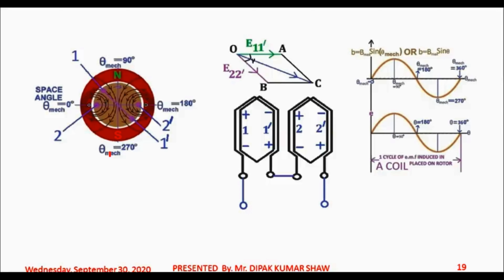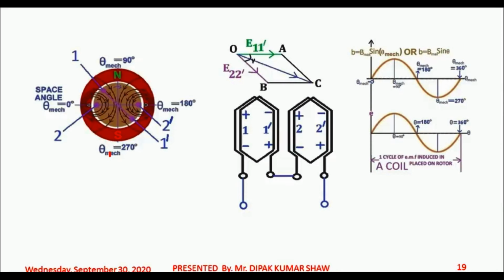So we say that the positive peak of the induced EMF for coil 1 dash and 2 dash are not happening at the same time. Rather, they are staggered in time. What is the time difference between the positive maximum of induced EMF for coil 1 dash and the positive maximum of induced EMF for coil 2 dash?